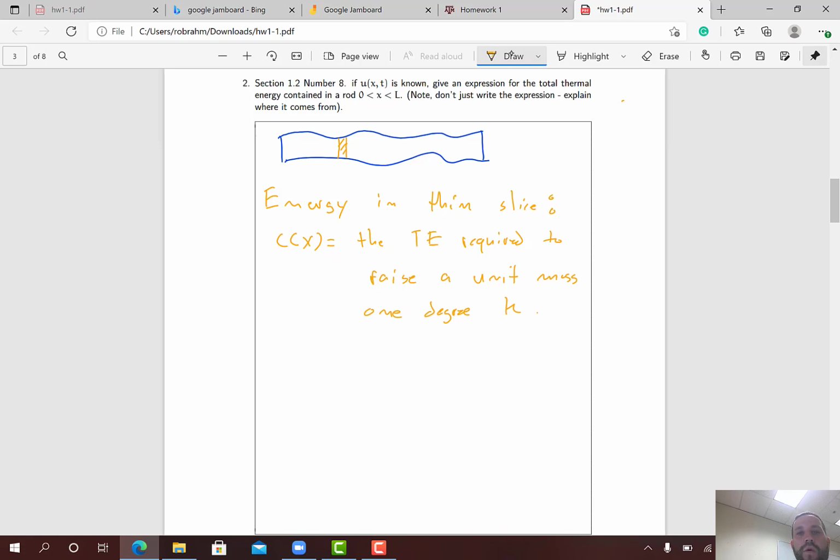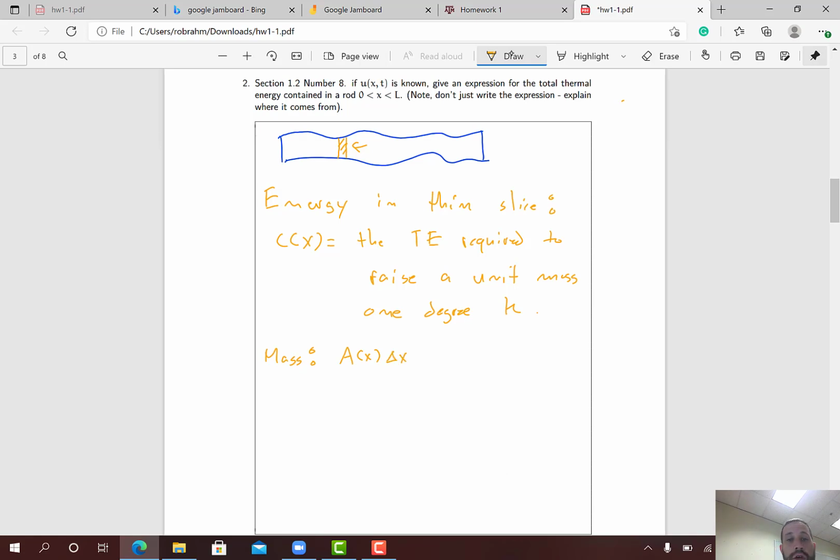So what is the mass of the thin slice? Well, it's approximately going to be equal to the surface area times the length, which I'll call delta x.